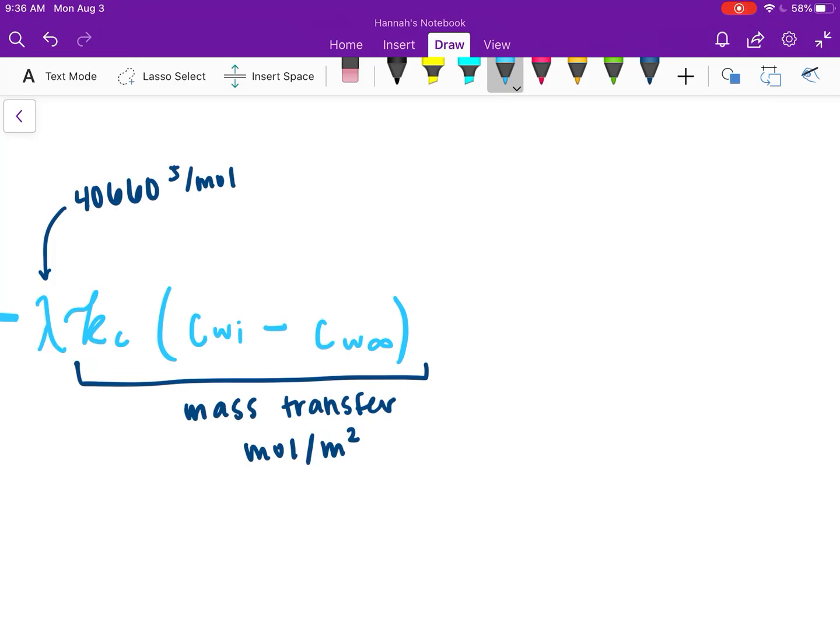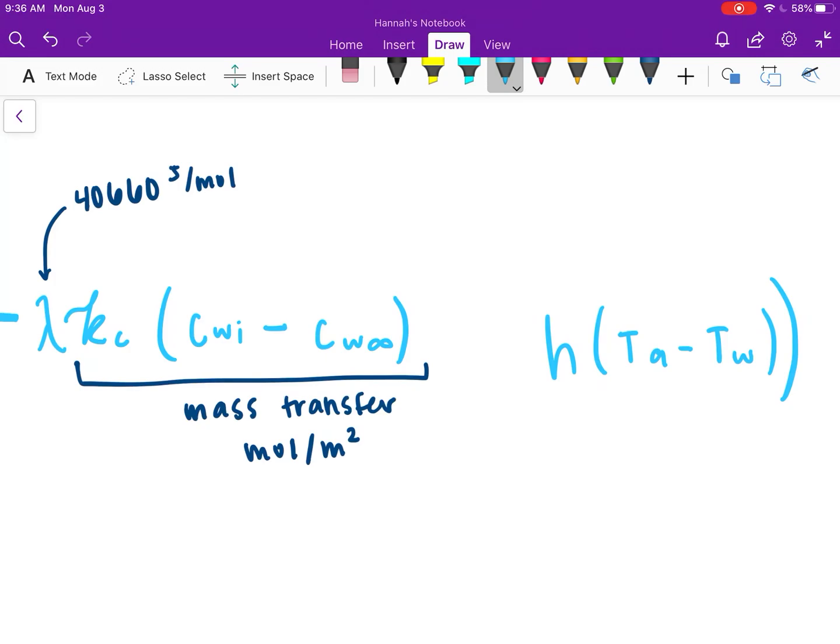Next, we know that the air transfers heat, and the rate of heat transfer from the air to the surface of the water is the temperature difference. So again, we're just going to write the temperature of the air minus the temperature of the water. And then we are going to multiply that by its own proportionality factor, which in this case is the convective heat transfer coefficient.